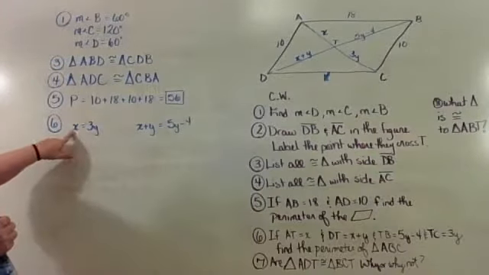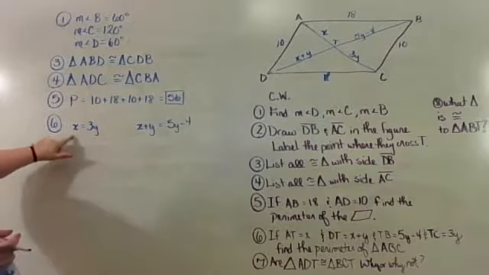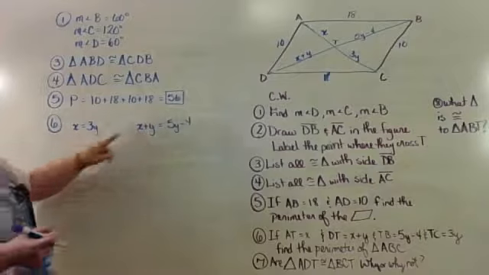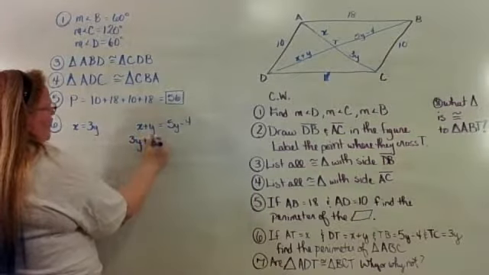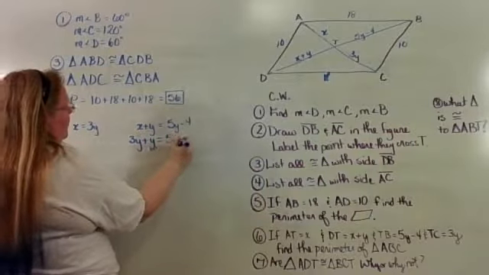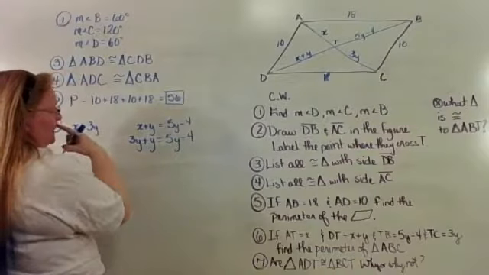I'm going to use this fact since I know what x is, because x is 3y. I don't know what number it is, but I know something that it equals. I'm going to use this fact and plug it in over here. That means that 3y plus y has to equal 5y minus 4. And now I can figure out what y is.